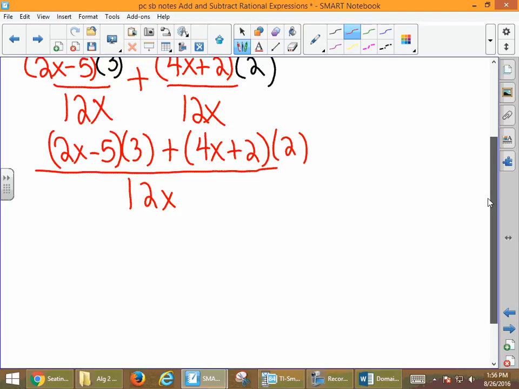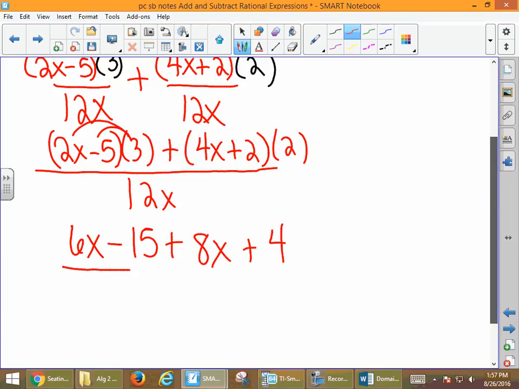We're going to finish, distribute. So 3 times 2x is 6x. 3 times 5 is 15. 2 times 4x is 8x. 2 times 2 is 4. Still over our common denominator of 12x.